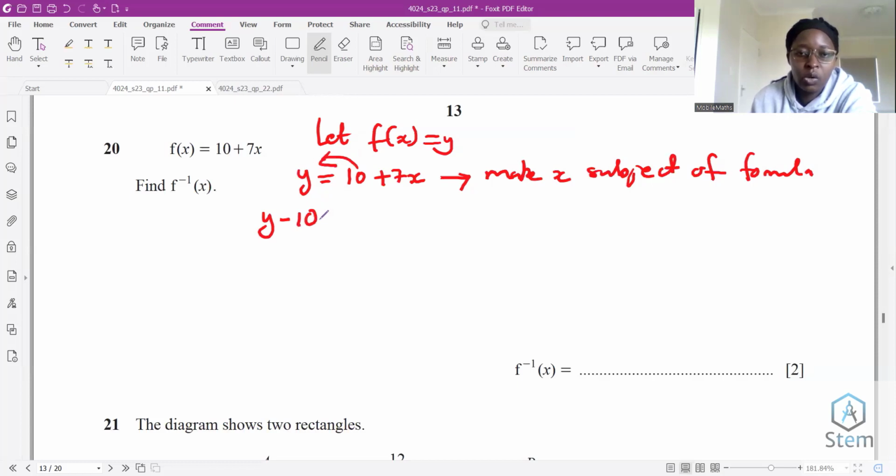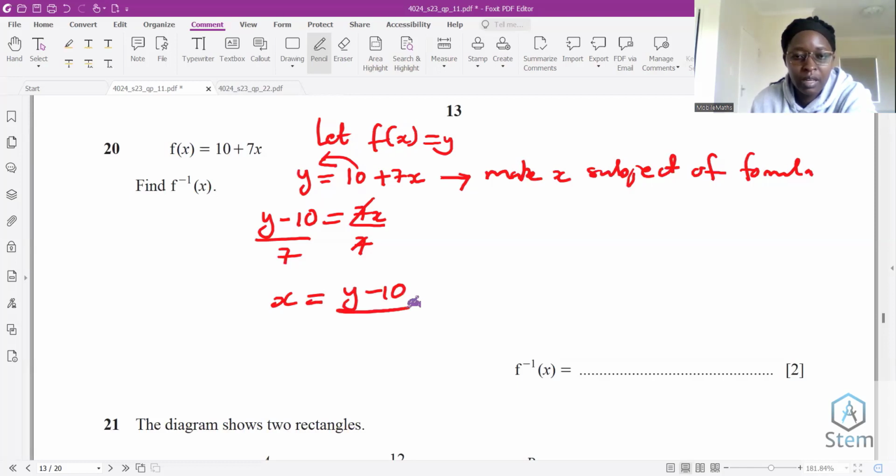So y minus 10 is equal to 7x. Dividing every side by 7, I get x is equal to y minus 10 over 7. So this is the inverse of f of x.